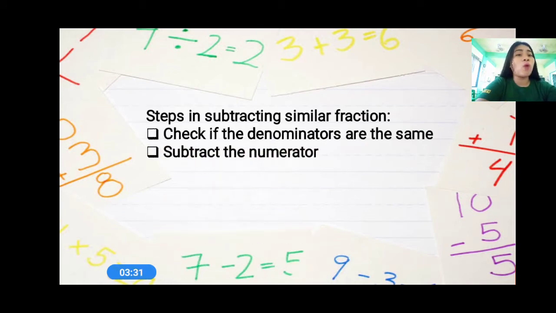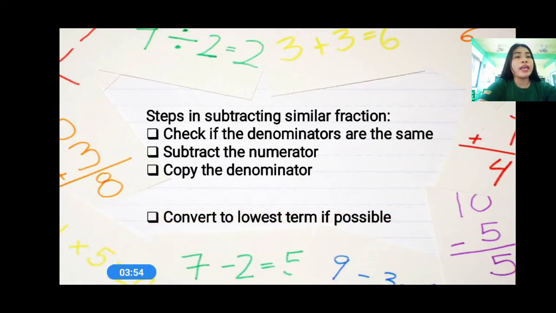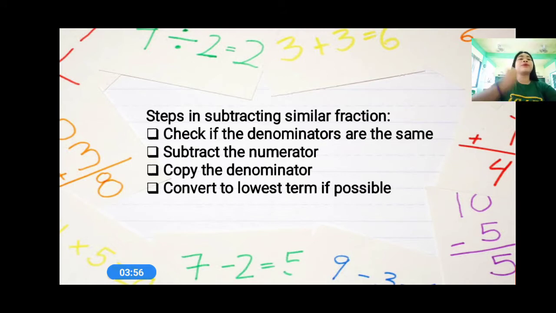Once you check that the denominators are the same, you can proceed to subtract the numerators. And then you're just going to copy the denominator. And always remember that if it is a fraction, you have to convert it to lowest term if it is possible.